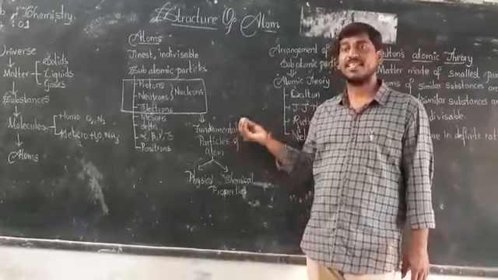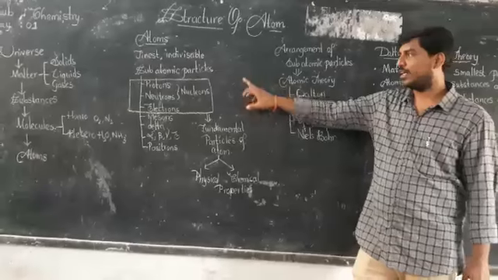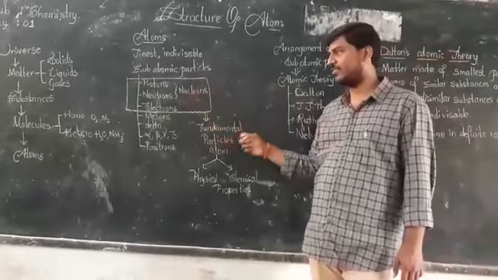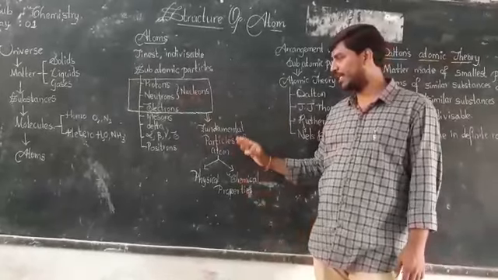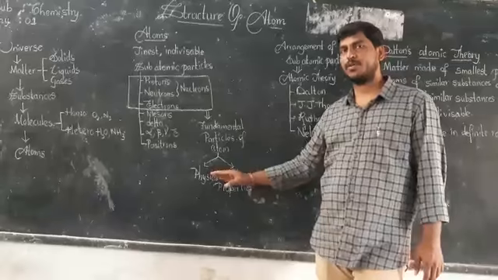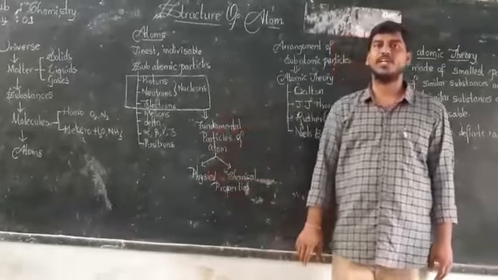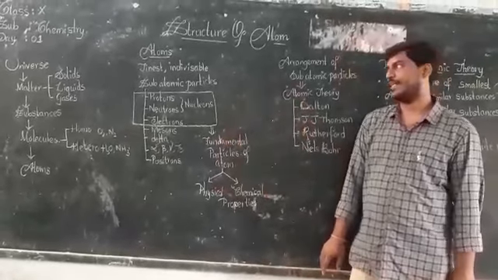They are present within the atom, right? Among all these subatomic particles, the three particles we call fundamental particles, because the physical and chemical properties of the atom are dependent on these three fundamental particles.